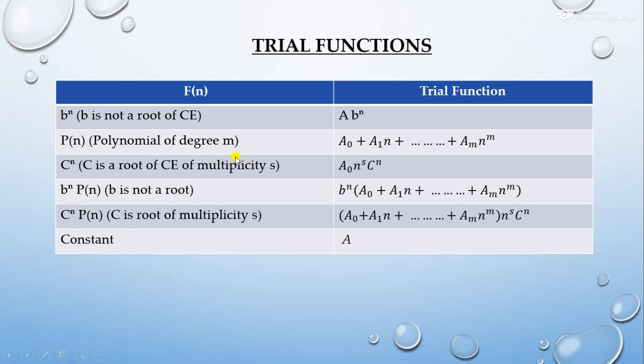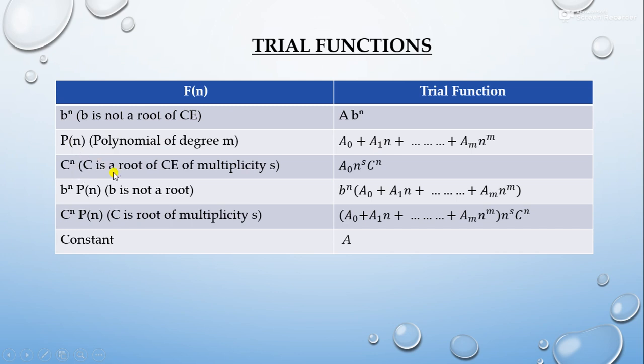If it is a polynomial of degree m, we assume our trial function is a0 plus a1 n plus a2 n squared up to am n raised to the power m. Whatever degree of polynomial we have in Fn, that degree we assume for our trial function in terms of a0 plus a1 n plus a2 n squared, like that. Clear?